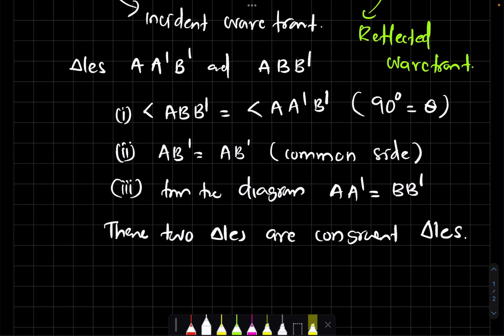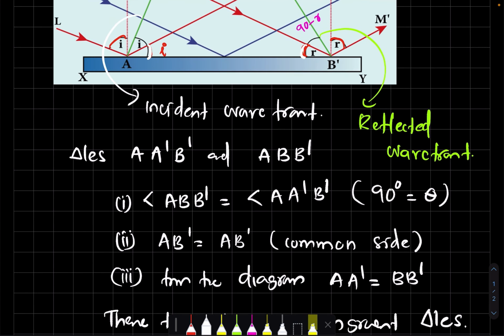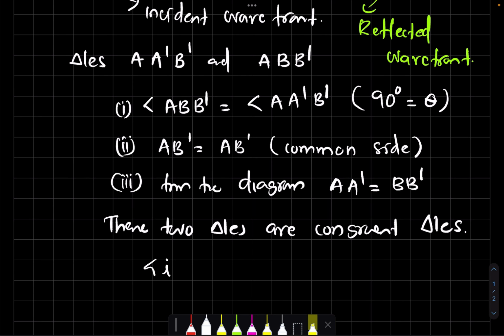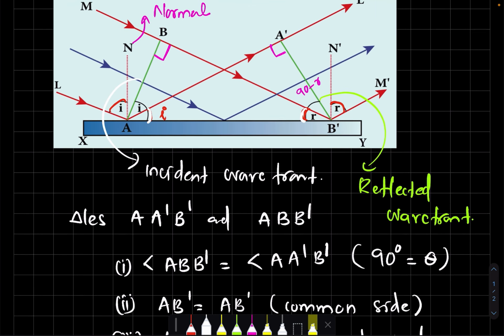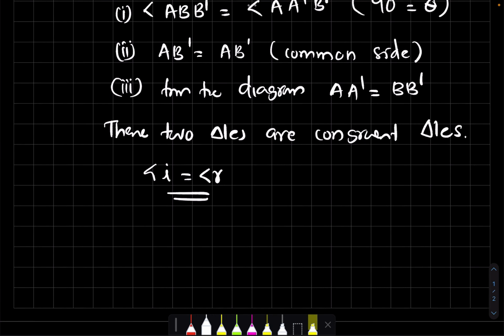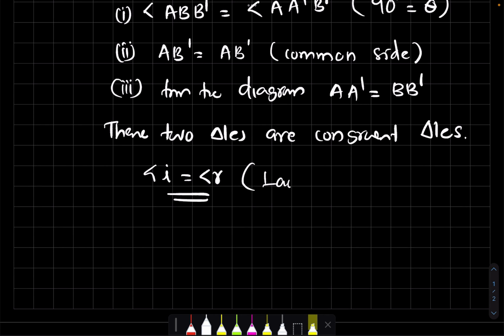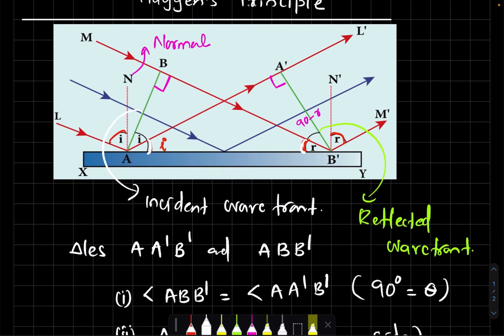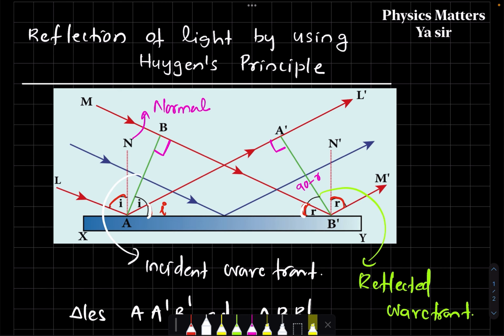Corresponding angles are equal, which means angle I is equal to angle R. There is no doubt in that. Angle I should be equal to angle R in order to make this correct. So angle of incidence is equal to angle of reflection. That is the law of reflection. It's a very easy idea. I hope you understood the idea of the law of reflection. All of you just go through it once again, and then you will get it. Okay, thank you.